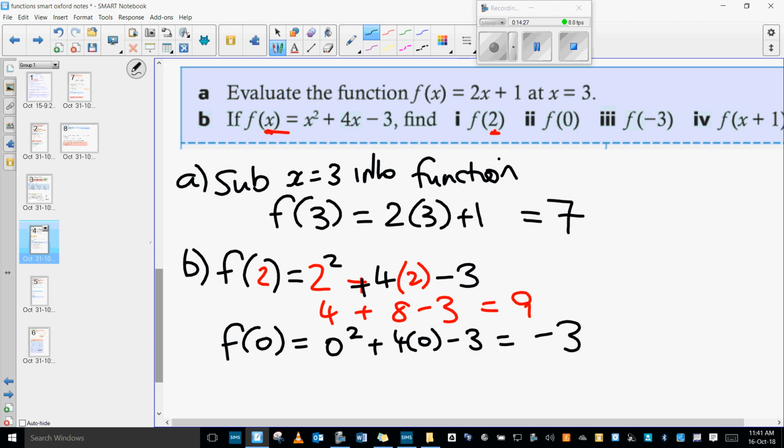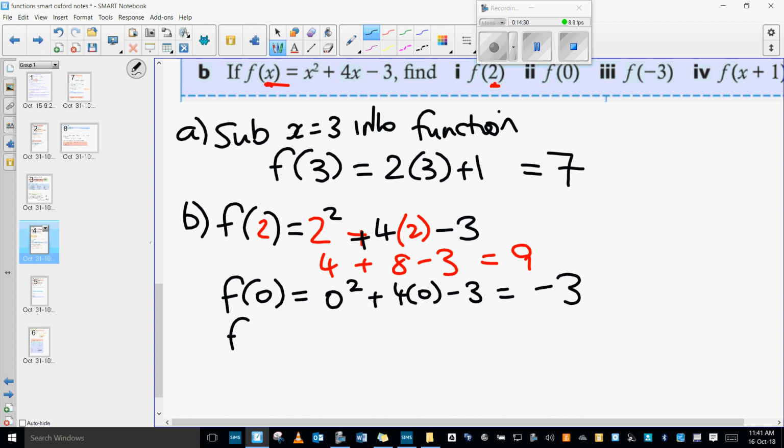f of negative 3. What do I need to be careful with here? That I make it a negative 3. Yes, but what in particular for this function is more tricky, the fact that it's negative 3? When you square it, good. Because minus 3 squared is 9.